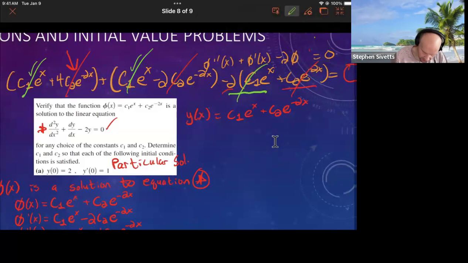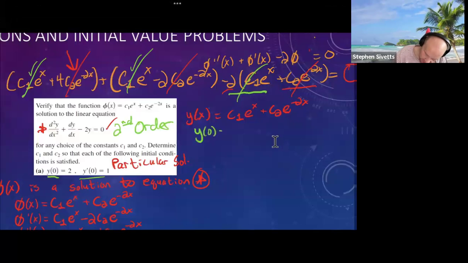Now, there's two initial conditions, since we're dealing with a second order differential equation. It has to be y of 0 equals 2. What that means is when x is 0, the y value is 2. So all you have to do is plug in 0 for x in your solution, and this has to equal 2.